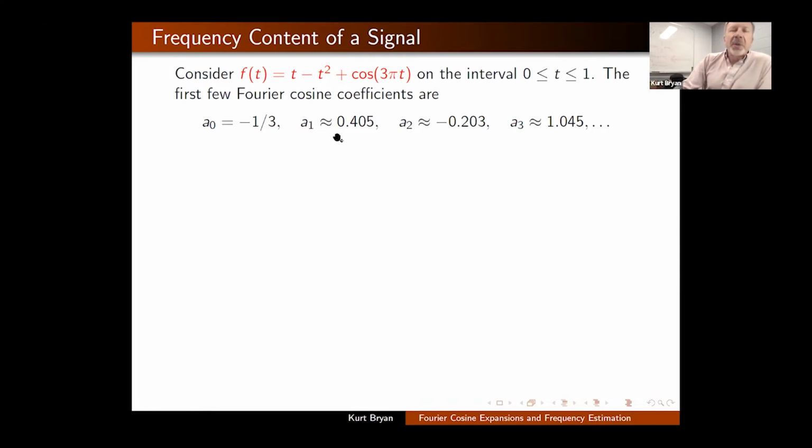A1 corresponds to, since we're working on the interval from 0 to 1, a cosine that lives at a frequency of 1/2 hertz. A2 corresponds to 1 hertz. A3 corresponds to 1.5 hertz. Those coefficients are telling us how much of each cosine of each frequency we need to synthesize the function f.